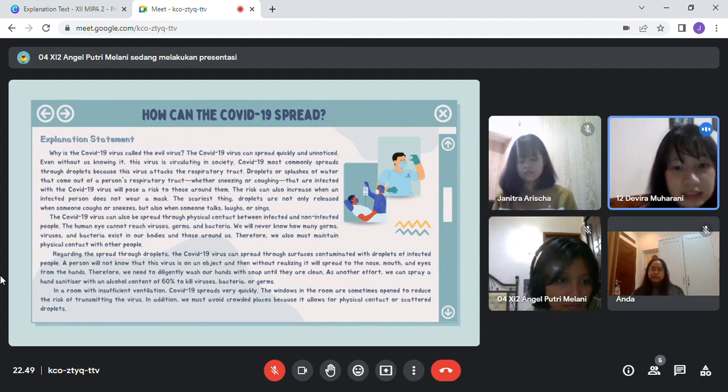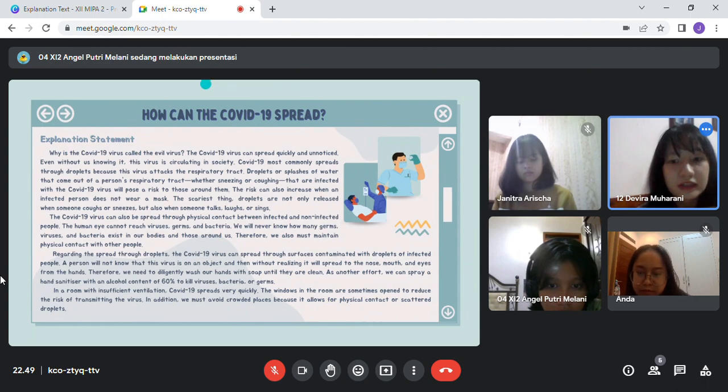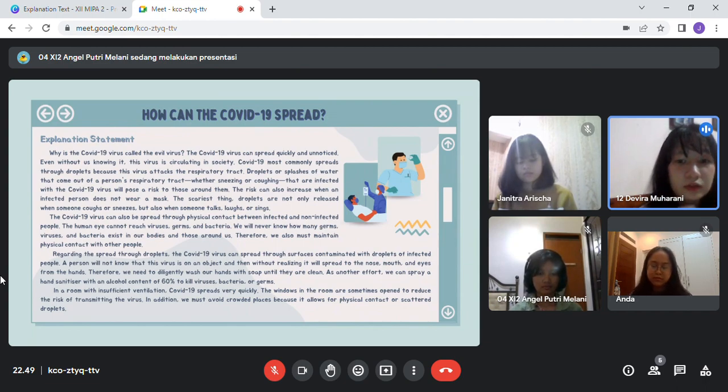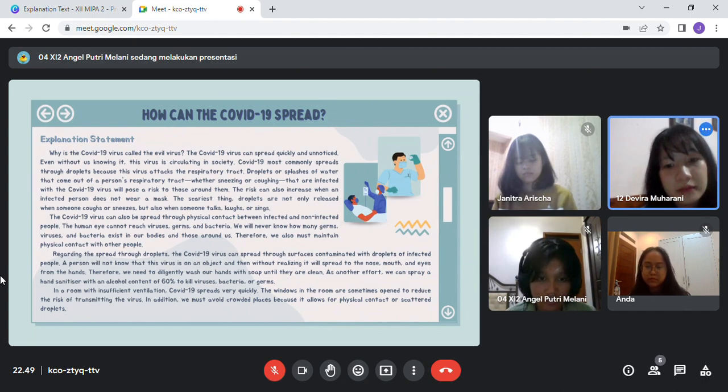As another effort, we can spray hand sanitizer with an alcohol content of 90% to kill viruses, bacteria, or germs. In a room with insufficient ventilation, COVID-19 spreads very quickly. The windows in the room are sometimes opened to reduce the risk of transmitting the virus. In addition, we must avoid crowded places because they allow for physical contact or scattered droplets.